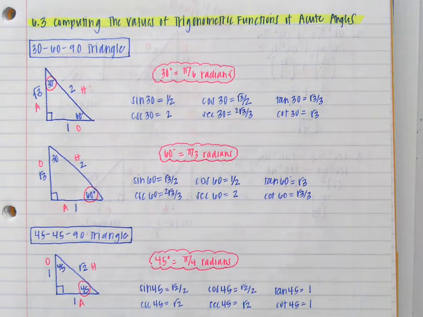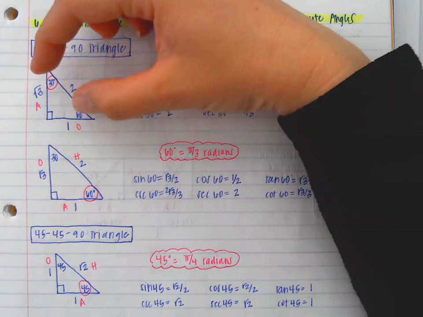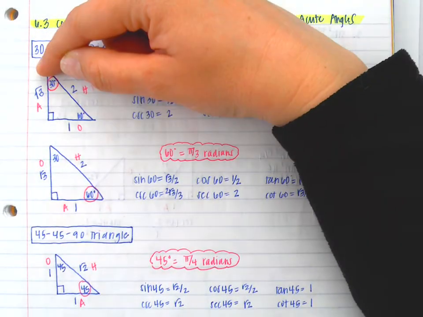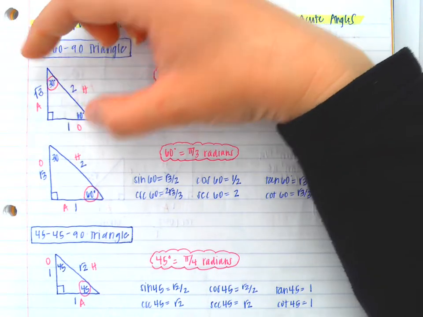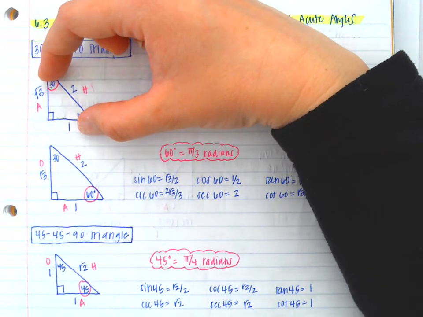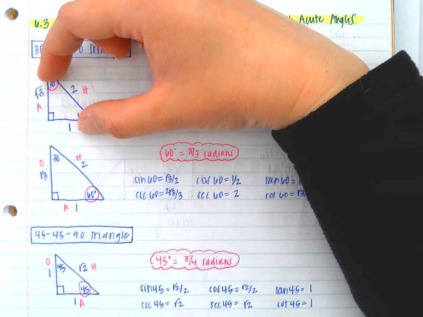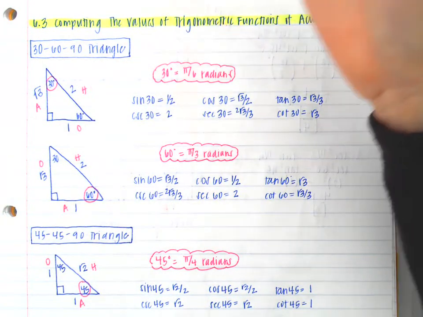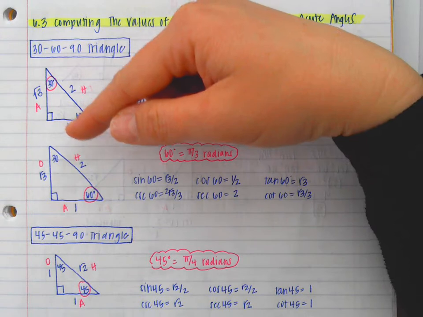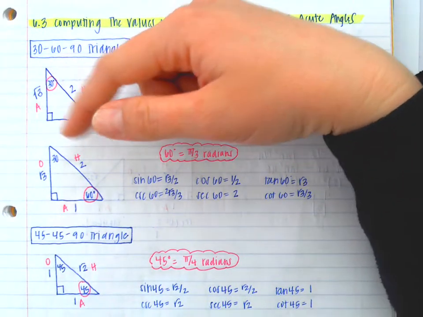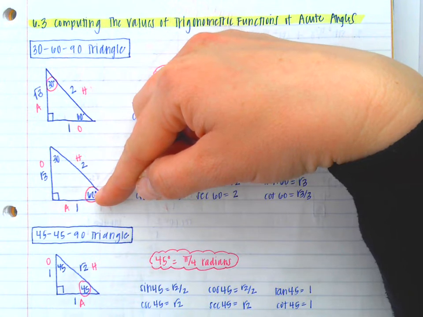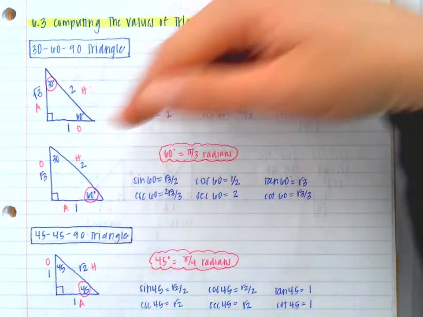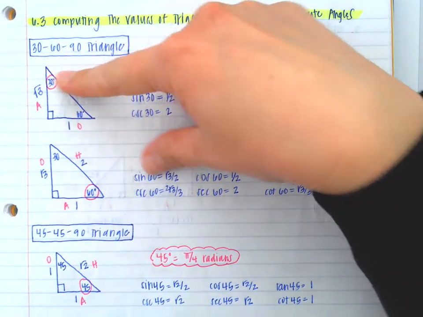The reason why this works is because if we're dealing with a right triangle, we know that the angles always add up to 180. So if one of the angles is already 90, these two, no matter what, are going to be complements of each other. And in trig, what changes when you change your angle is the opposite and adjacent, which always switch.